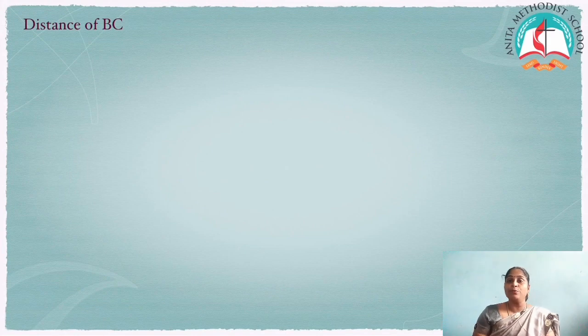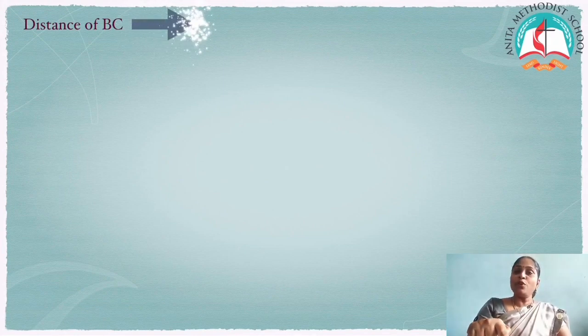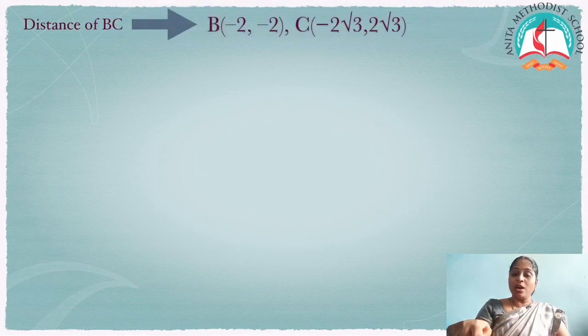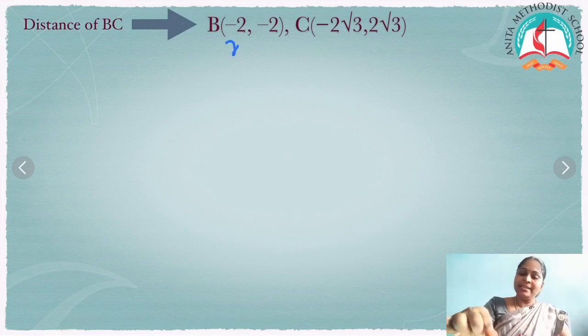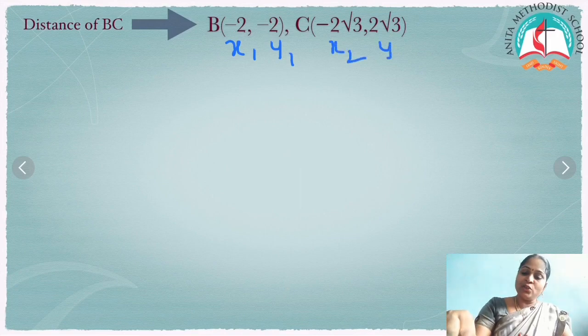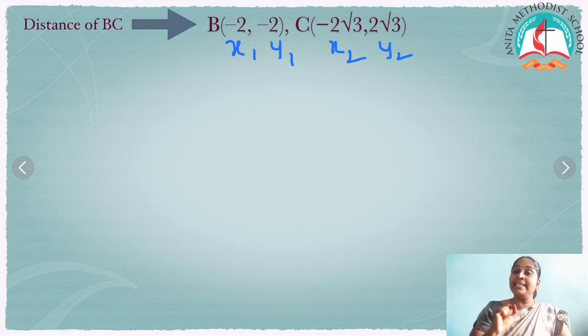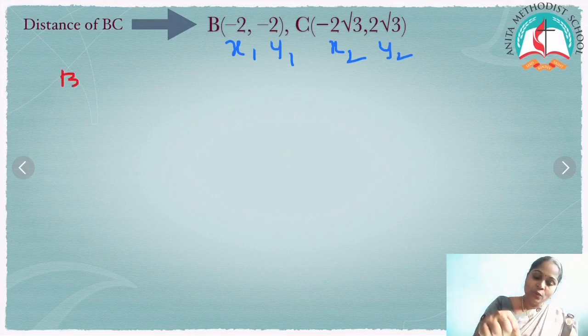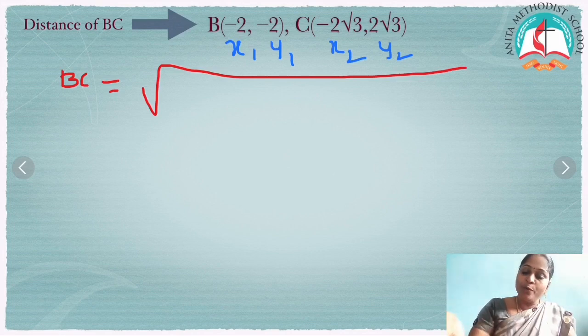Next, we are going to find the distance of BC. B is (-2, 2). C is (-2 root 3, 2 root 3). So this is x1 and y1, and this is x2 and y2. So here we need to find the distance of BC. So BC is equal to the square root of (x2 minus x1) the whole square.